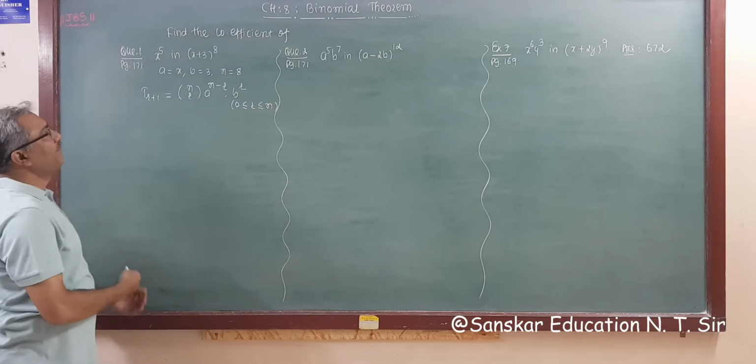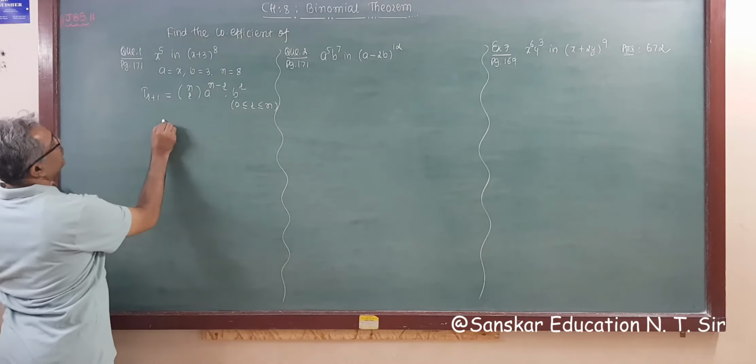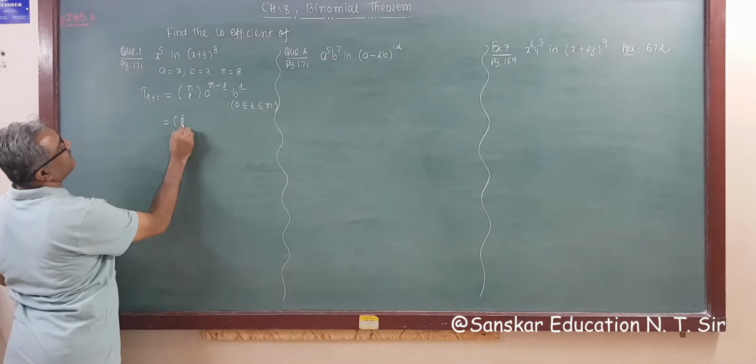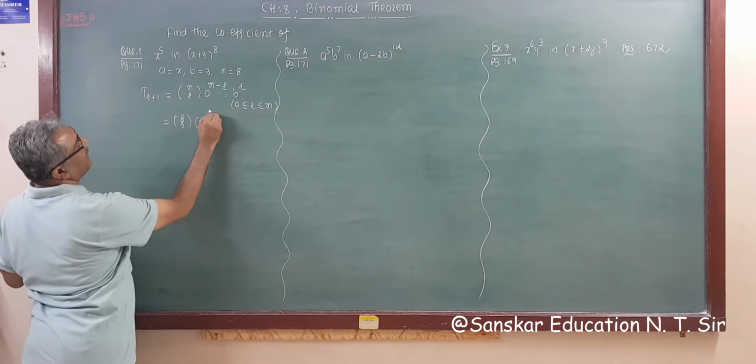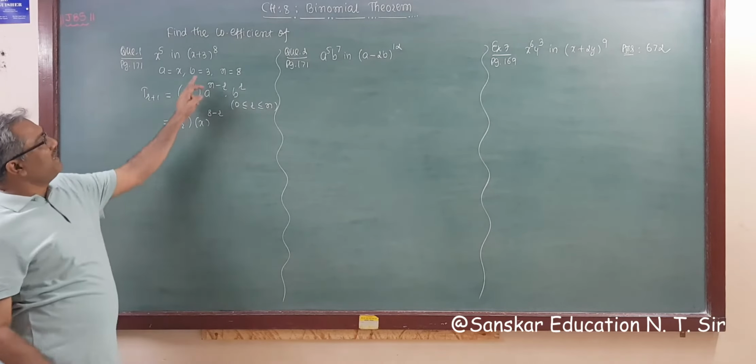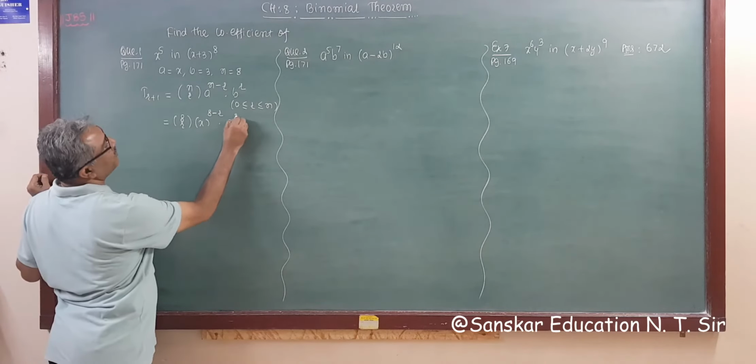This is the formula. N is 8, so what we get? 8Cr, a is x, x raised to 8 minus r, b is 3, so 3 raised to r.